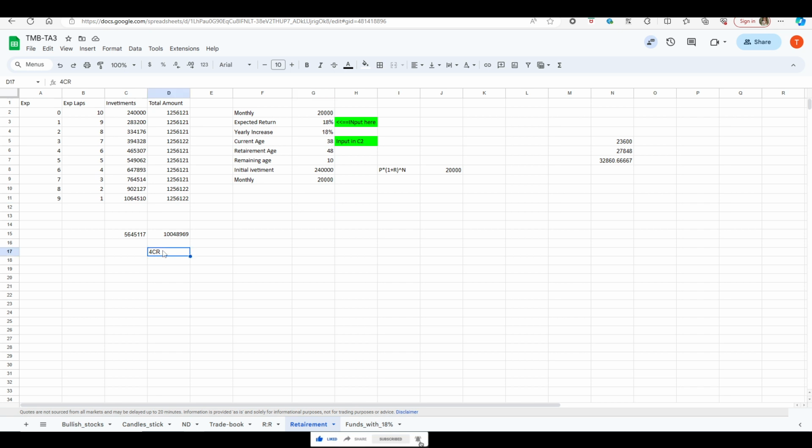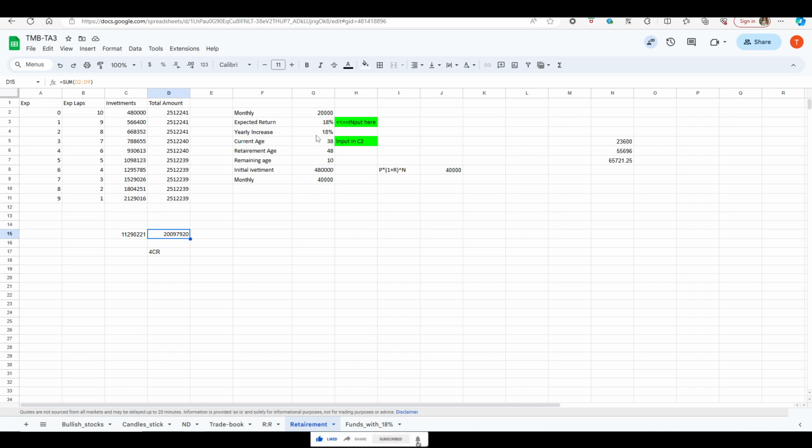You can aim for the capital, whatever the amount you want. Based on that you can make adjustments here. Let's say I wanted to make 2 crore. That means the initial amount, I can go to 48, 4,80,000. If I make 4,80,000, I am going to get 2 crore rupees.